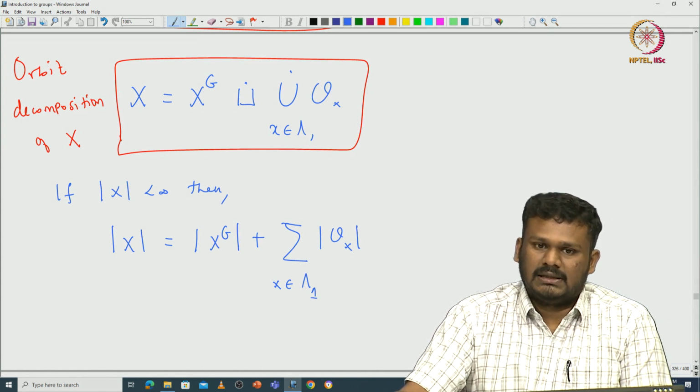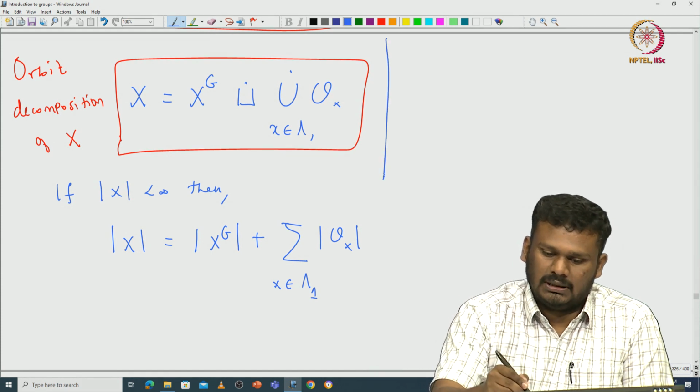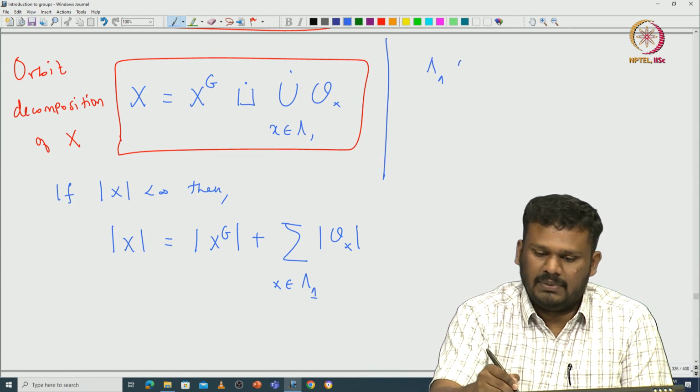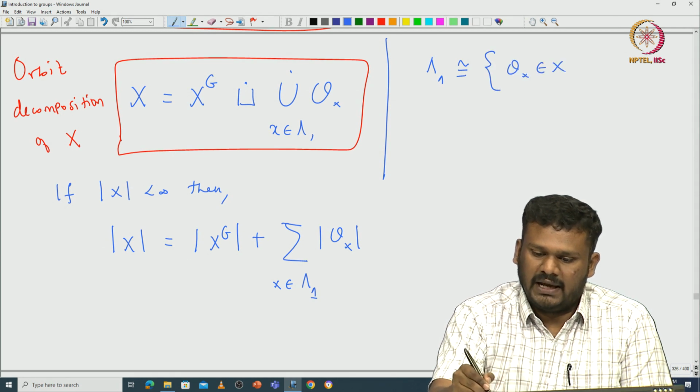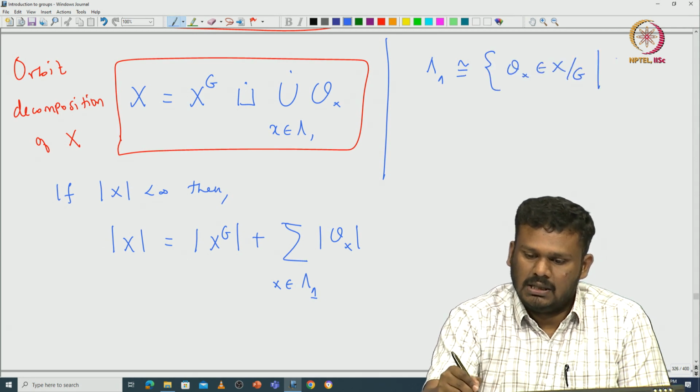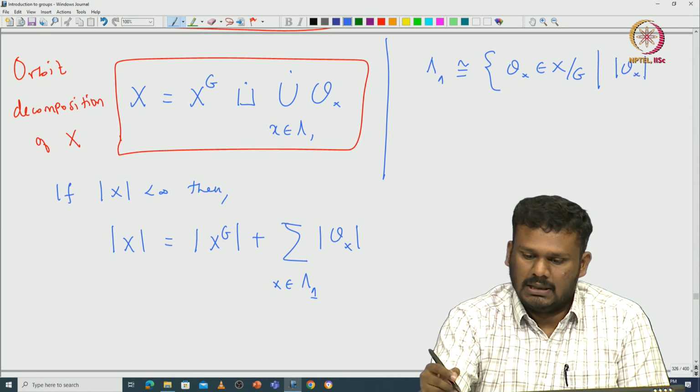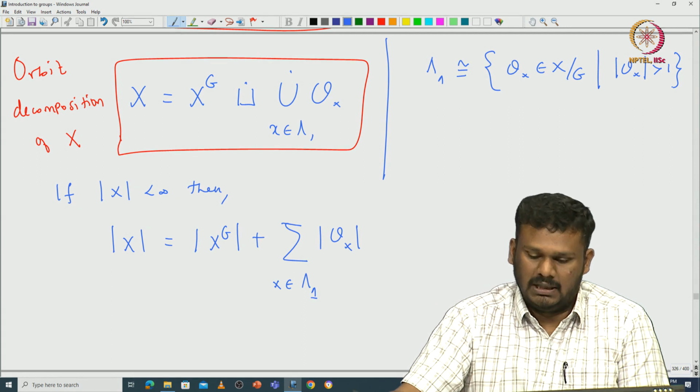Recall that lambda 1 is a very important indexing set. It can be identified with those orbits coming from X mod G such that the cardinality of the orbit is greater than 1, having more than one element.